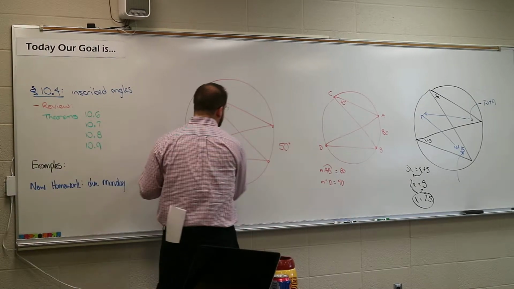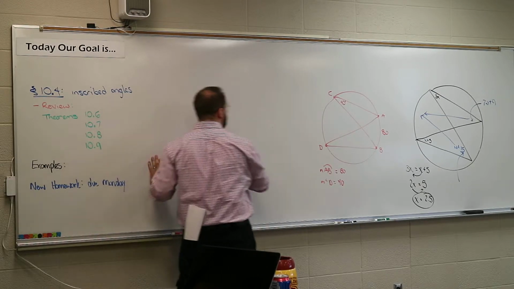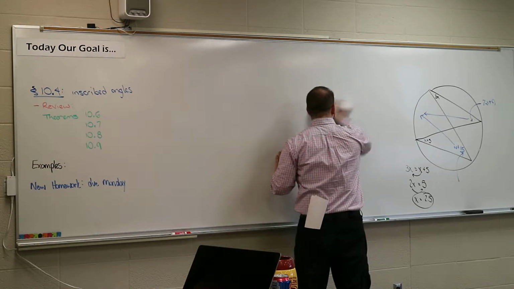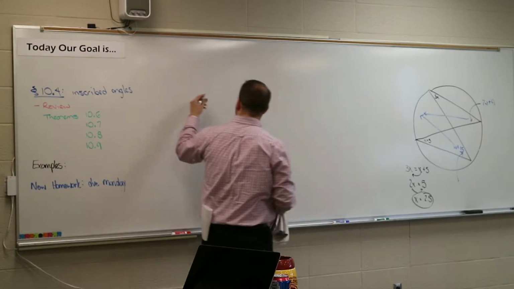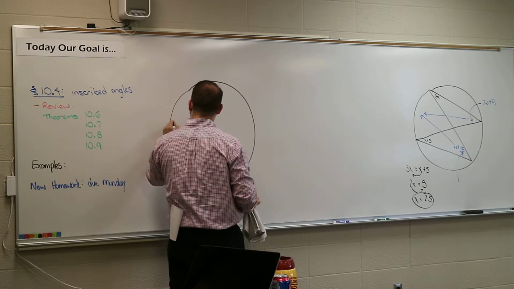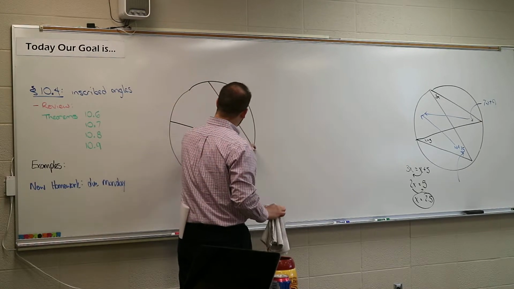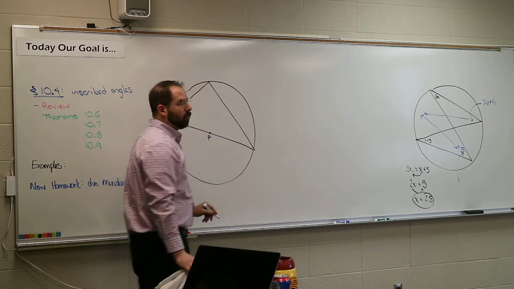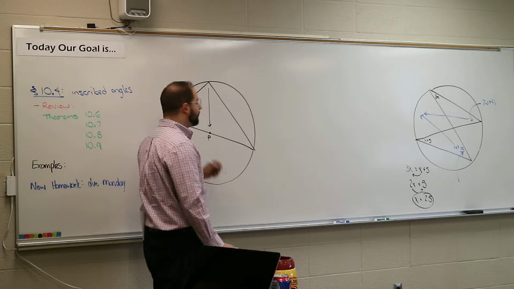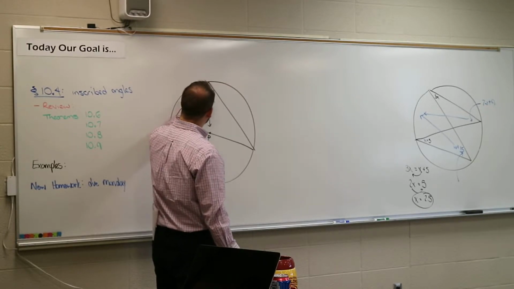These are the ones I really walked you through yesterday. These are 10.8 examples. 10.8 had examples like this, with pictures like that, where if an angle is looking at a diameter or a semicircle, whatever they want to call it, this angle has to be 90 degrees.